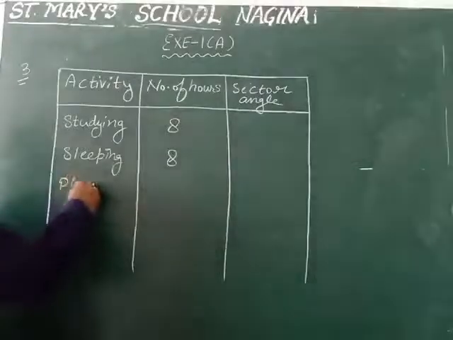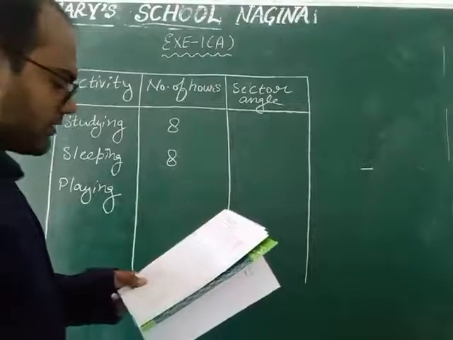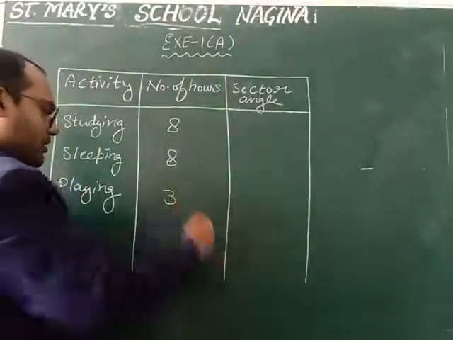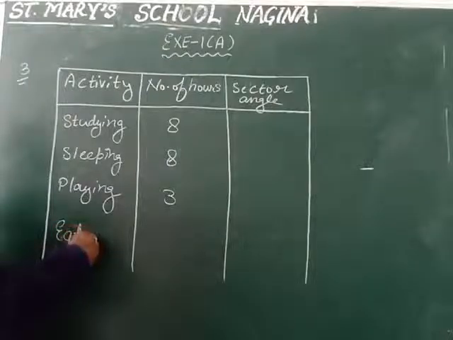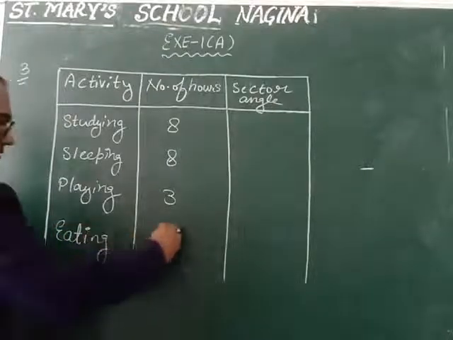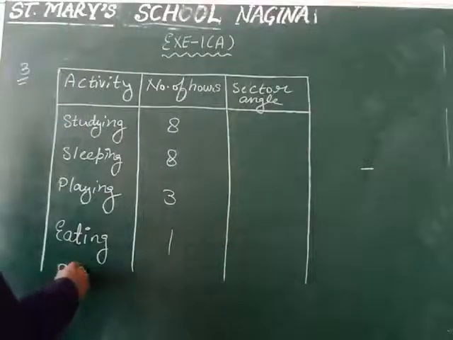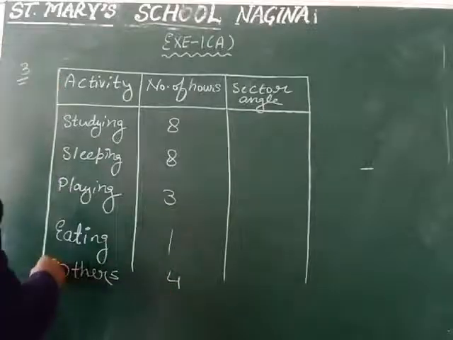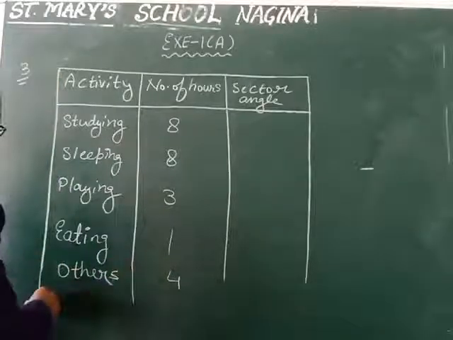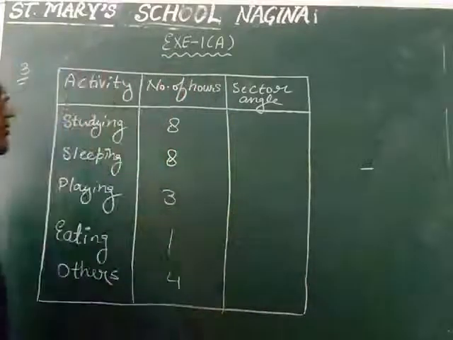Playing, how many hours does he play? 3 hours every day he is playing. Then eating, 1 hour. And other activities 4 hours. So these much things are given in the question. Third heading is of sector angle.